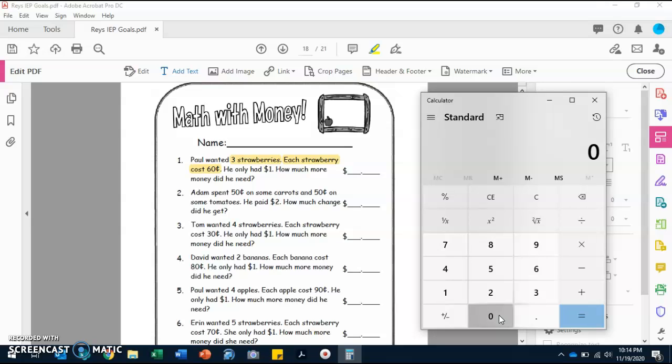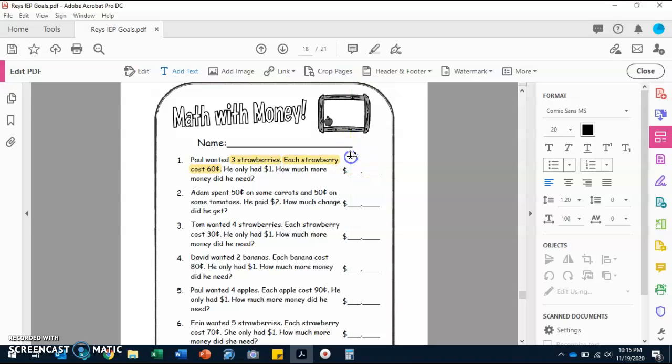So we're going to multiply 0.60, because it's 60 cents, by 3, so we can know the total cost of the strawberries. 0.6 times 3 is 1.8, which can also mean $1.80. So here, let's put that 3 strawberries equals $1.80.